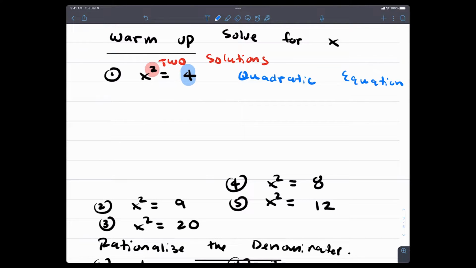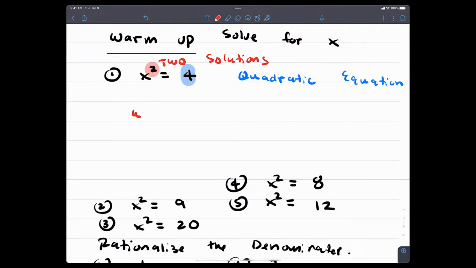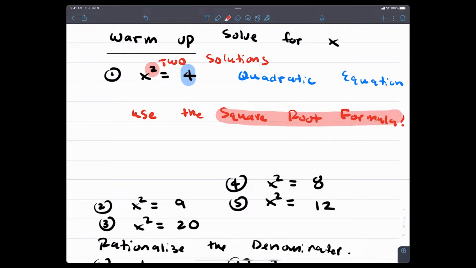So here's the name you're going to use, ladies and gentlemen. Square what? Root formula. You're going to get that language in you: the square root formula.